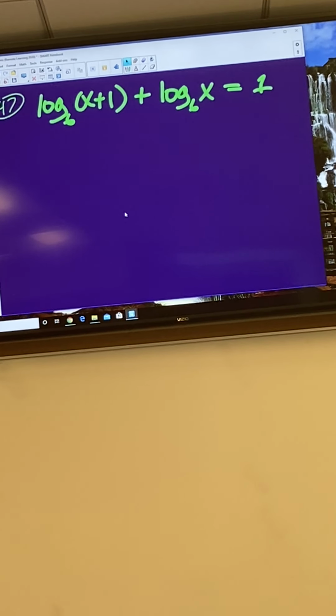So we're going to get log base 6 of x plus 1 times x equals 1. So I squeezed them together, okay? So now convert, okay? So convert this base 6 to this power, first power, equals this guy, x plus 1 times x. That's just a straight up conversion from logarithmic form into exponential form.